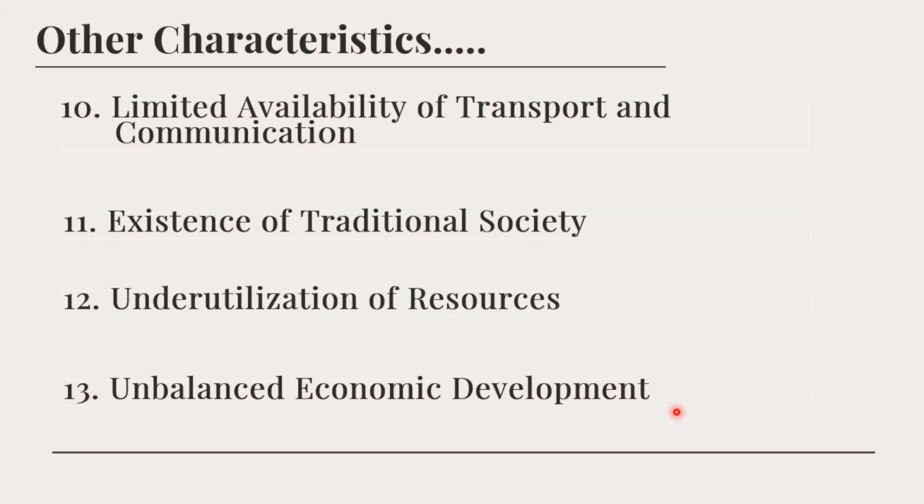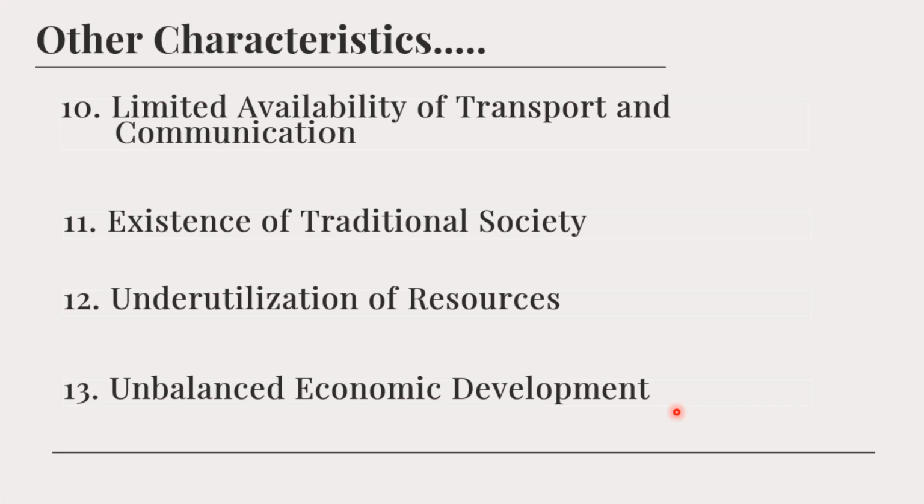The Bimaru states like Bihar, Rajasthan, Uttar Pradesh are considered underdeveloped states. States like Tamil Nadu, Kerala, Maharashtra, Gujarat, West Bengal are considered developed states because the rate of employment generation and rate of capital formation is higher in these states.